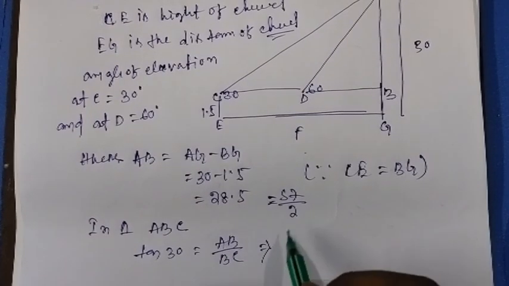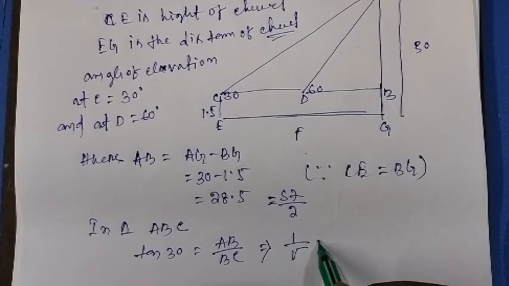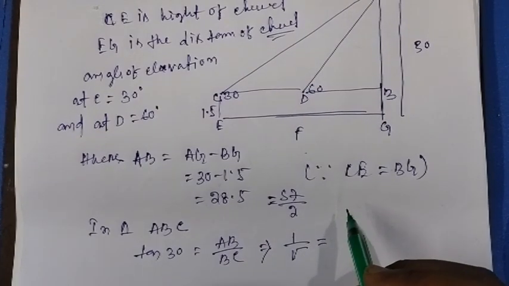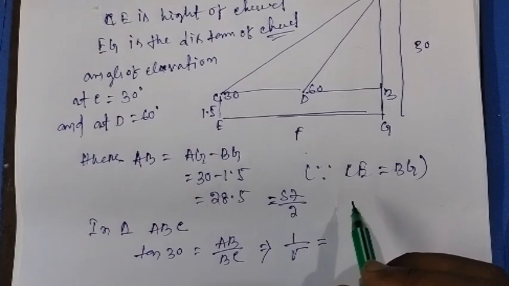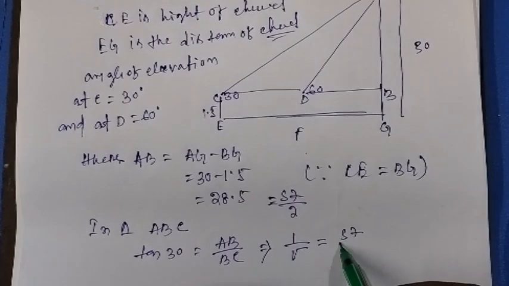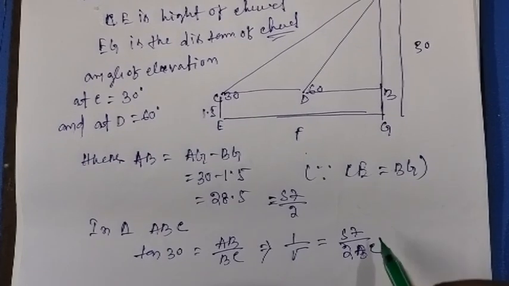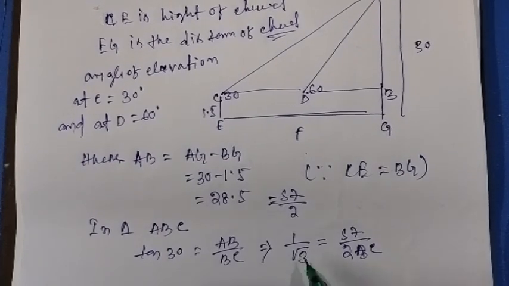That implies 1 by root 3 is equal to 57 by 2 BC.